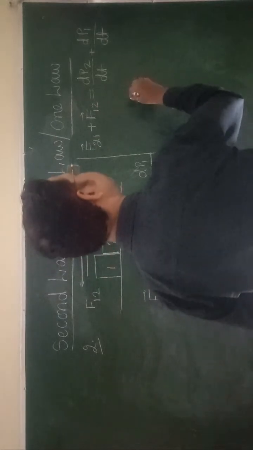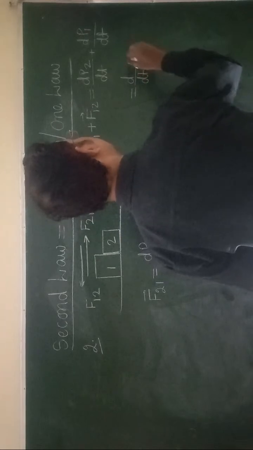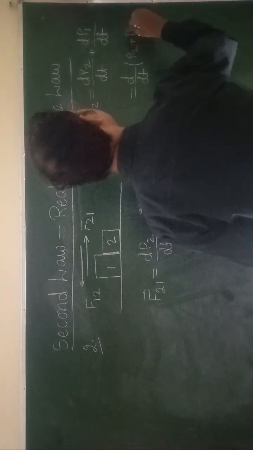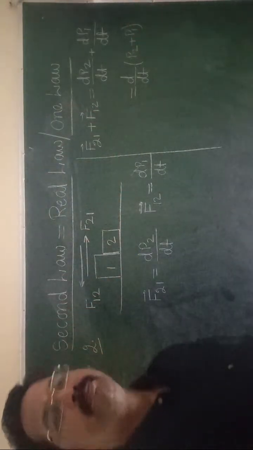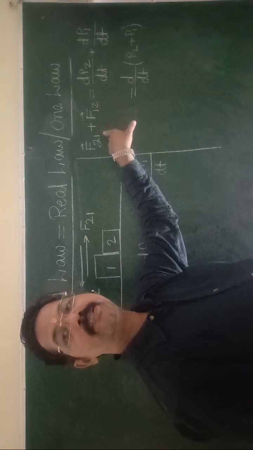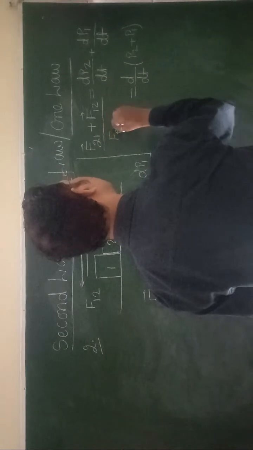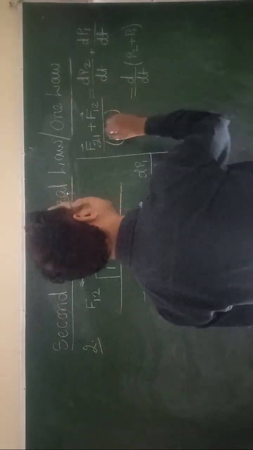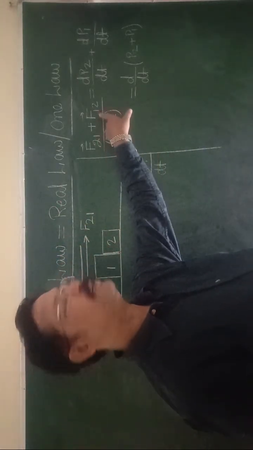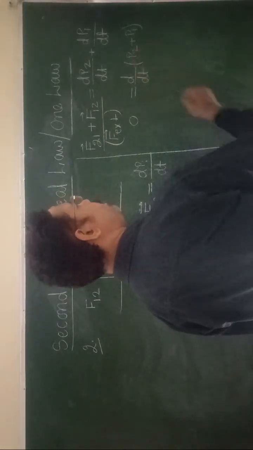So this is equal to d upon dt of the sum of the second momentum and first momentum, d upon dt is common here. Here the external forces are zero. The total force is F21 plus F12, and this becomes zero.